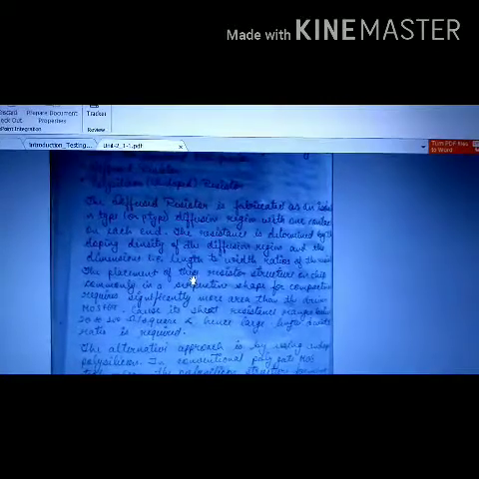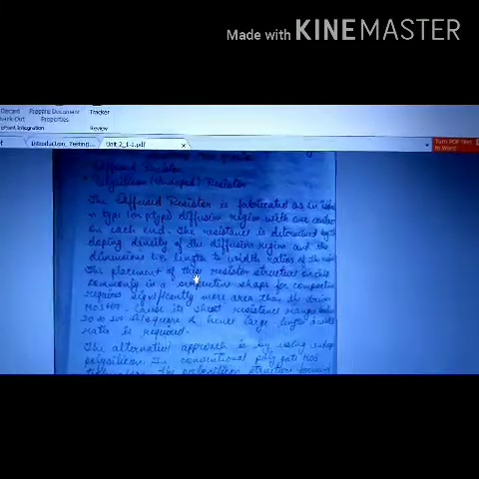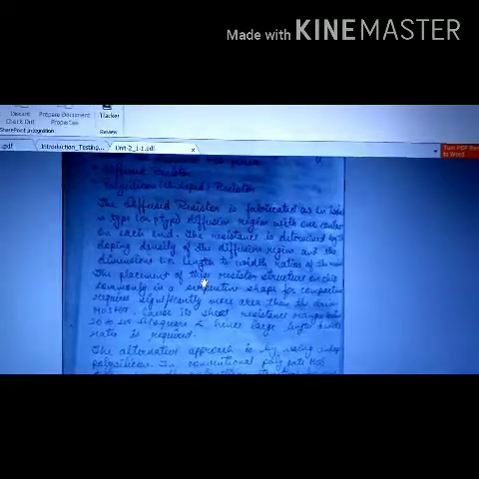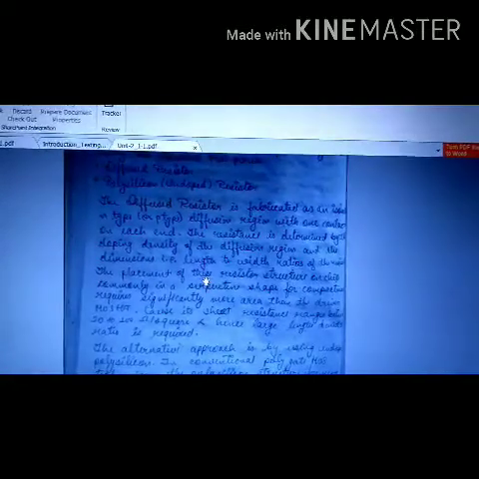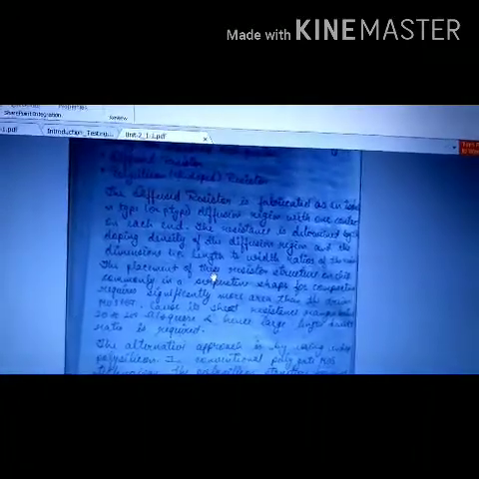Now, its sheet resistance is discussed. Its sheet resistance ranges between 20 to 100 ohm per square, and hence a large length to width ratio is required.